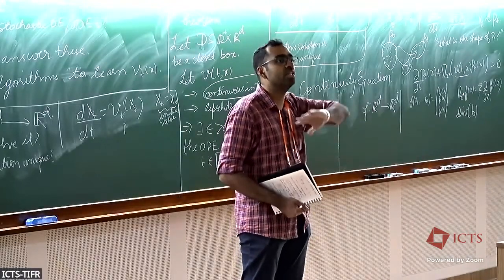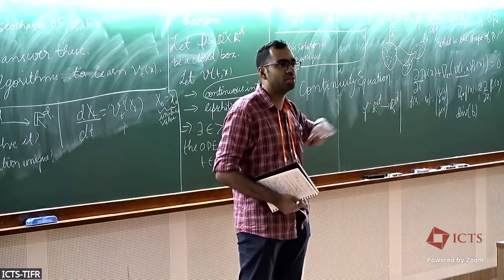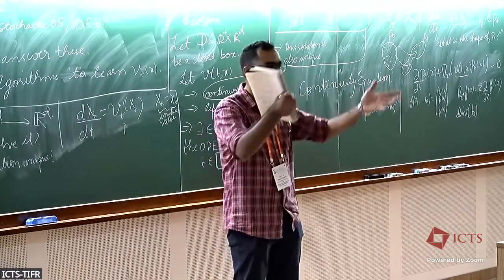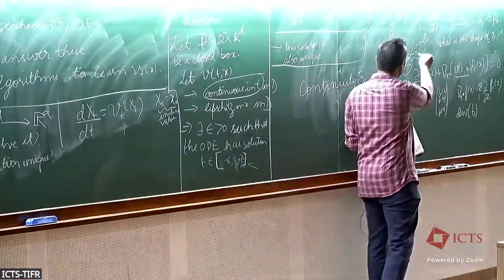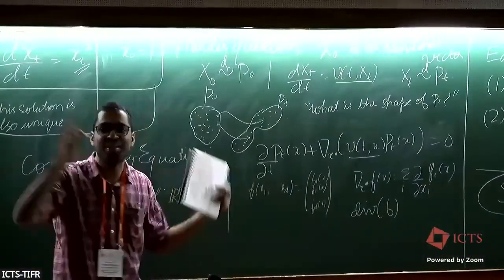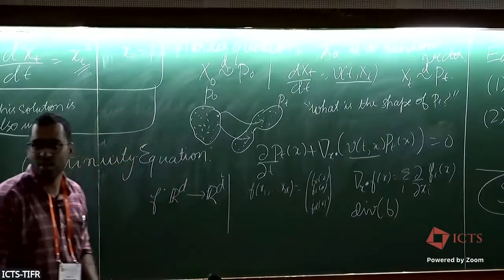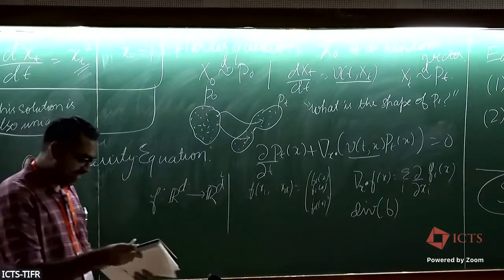I just want to see, if I'm given some velocity field, what is the trajectory? Then we'll figure out what is the right velocity field. Sample from this density. By shape, I mean density.